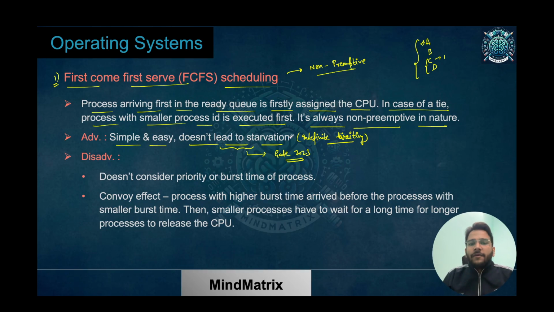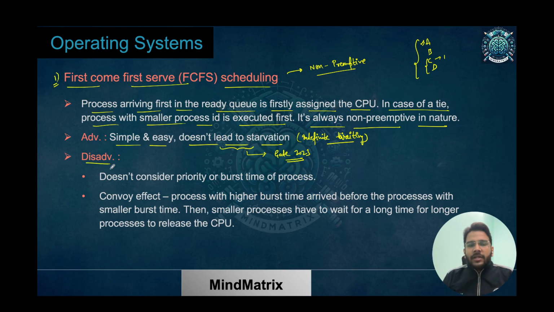Not including FCFS is quite logical, but there is one exception: when a process keeps on executing infinitely, in that case other processes may face starvation. They considered that case as well, and in the answer key they released that both the answers are correct. So don't worry about it. I will be taking that question separately.